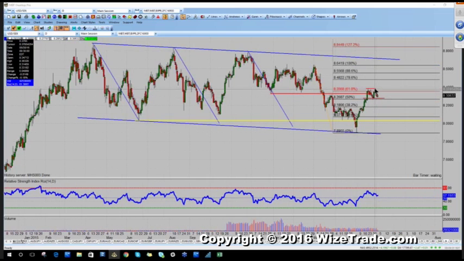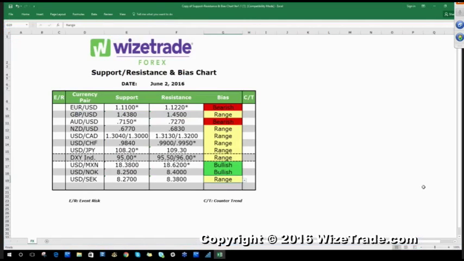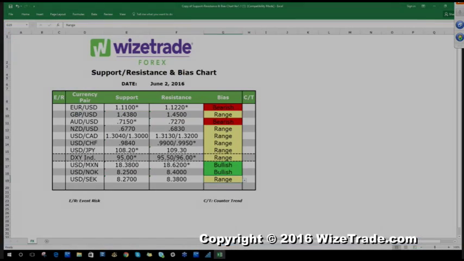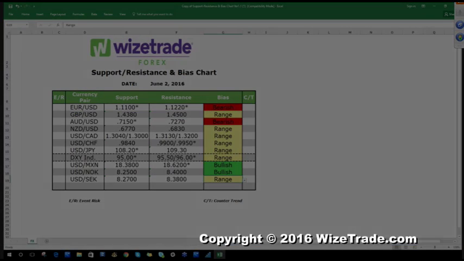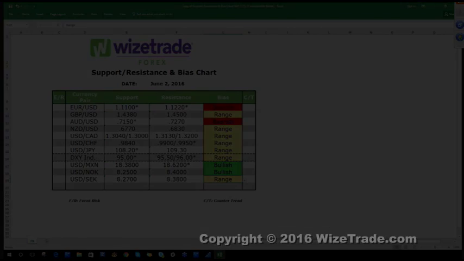If we break out above 8.40 or 8.38, that's going to push us in a very bullish manner back up towards the upper end of this range, in my opinion. Okay, so we'll stay range bound for now. So your bias chart is done, people. Dollar yen's heavy. Look at the pound.